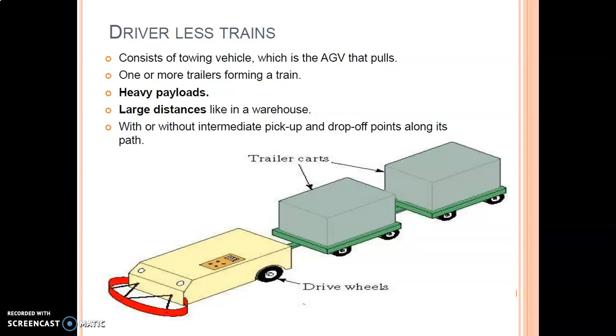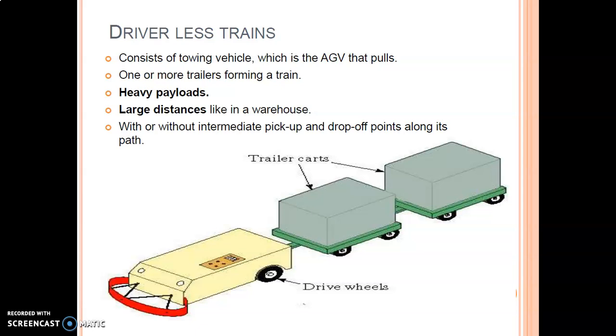So here it is the same principle, but in a small size, and we are not using any manual control to control this path. You can see we have a battery-charged vehicle, which is connected with different trolleys.